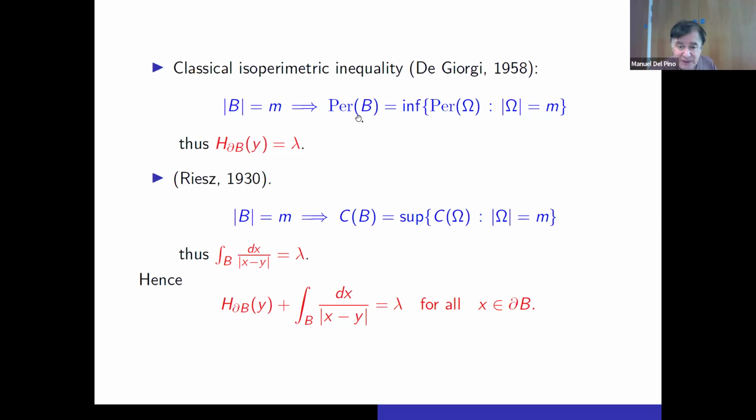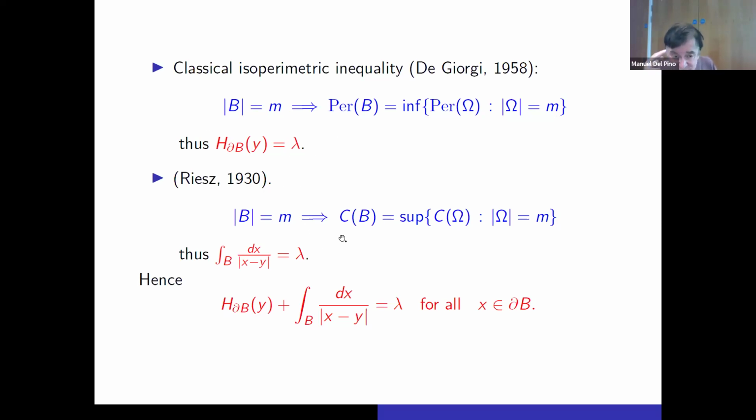So the ball of volume M is the minimizer of the perimeter among all regions with volume M. And therefore, of course, the mean curvature of the boundary is constant.